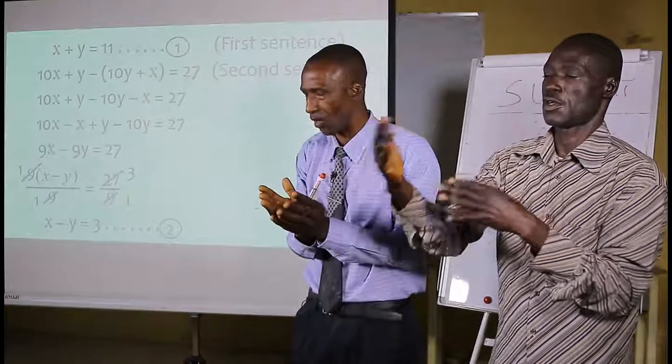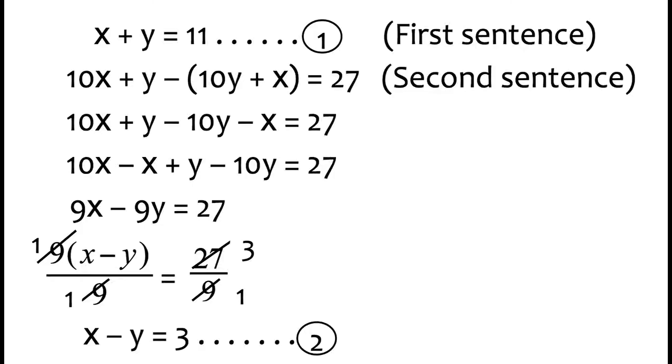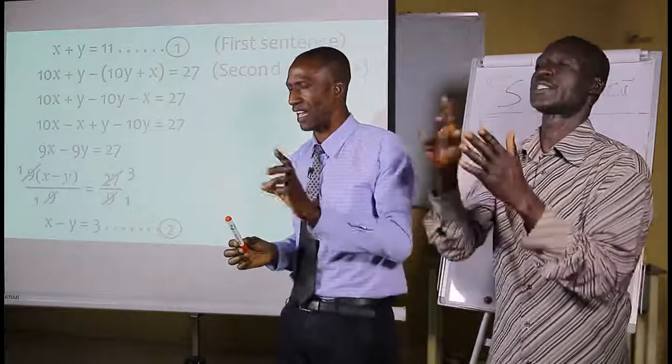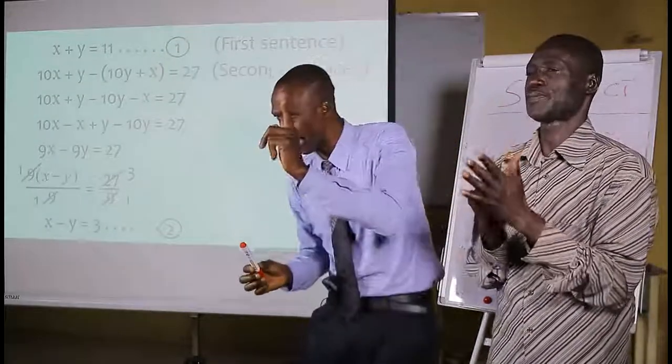Collect the like terms now. By collecting the like terms, we have 10x minus x plus y minus 10y gives 27. Now, what is the value of 10x minus x? Don't forget, x means 1x.